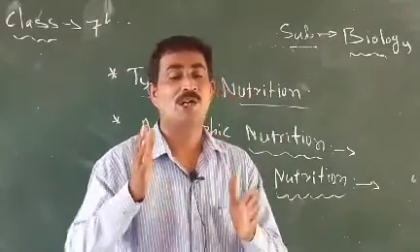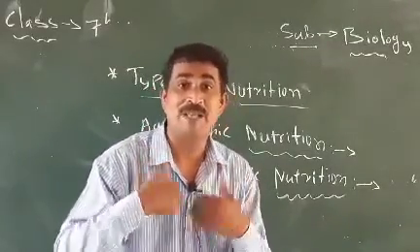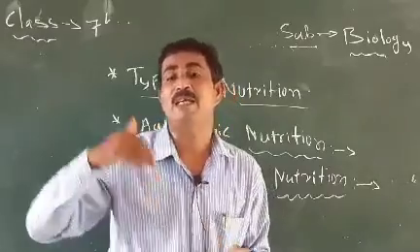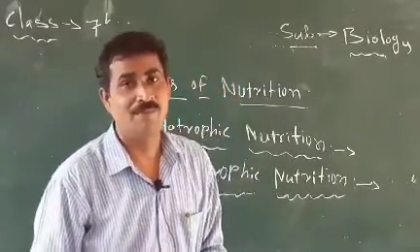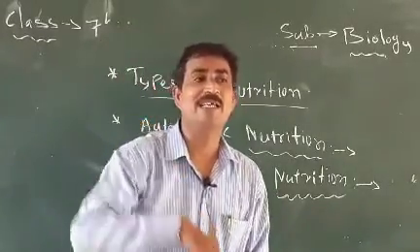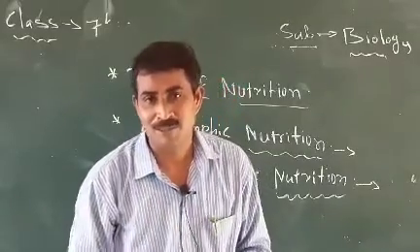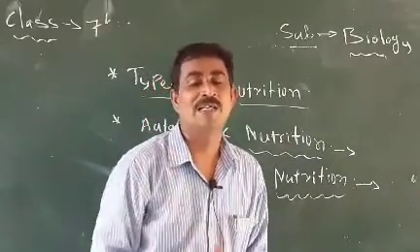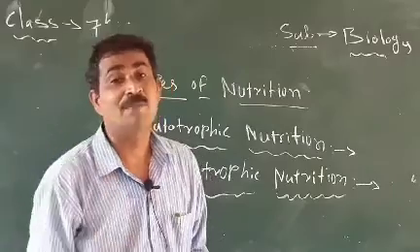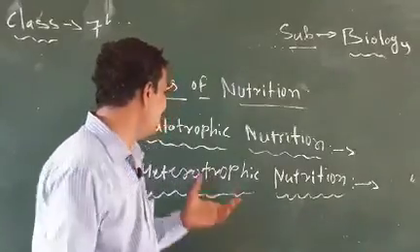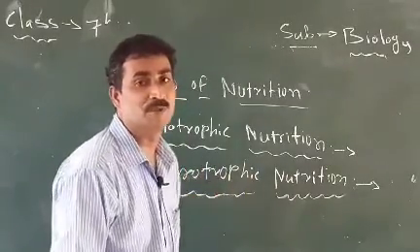Such organisms are not preparing their own food, they are depending upon some organic materials, and after decomposing them they take the food and maintain their life process. This type of process we call the heterotrophic nutrition process.